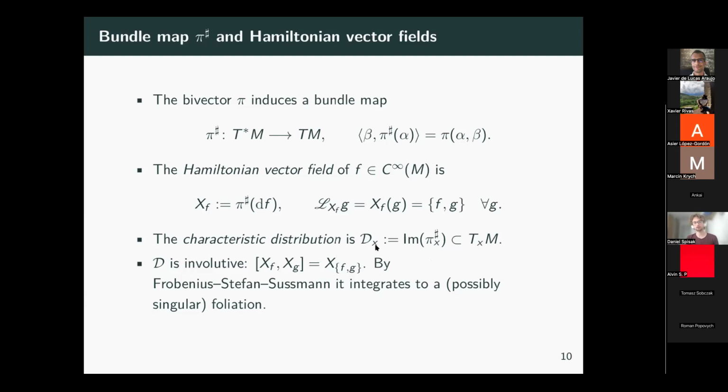Also, we define the characteristic distribution at some point as the image of the Poisson tensor at that point. And indeed, one can show that it is involutive. So by Frobenius' theorem, which can be generalized using the Sussmann generalization, it integrates to a possibly singular foliation.